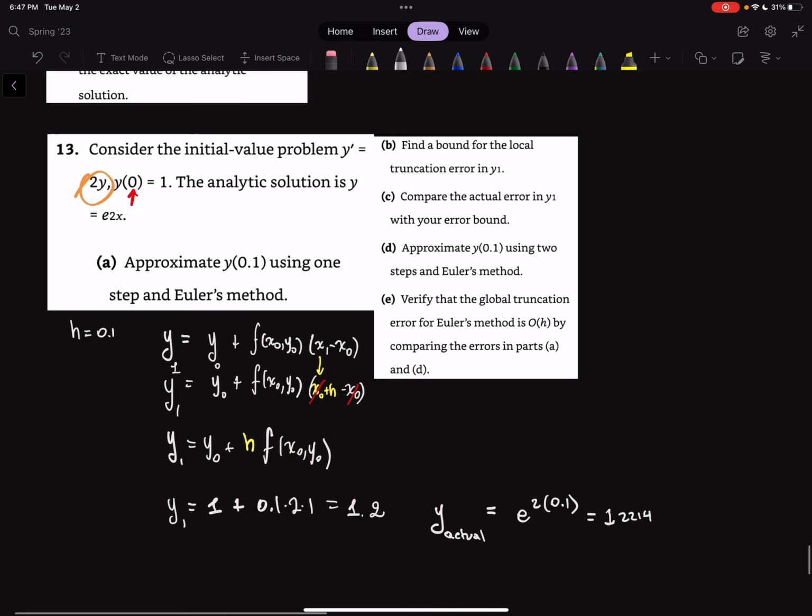Approximate using and find a bound. Compare the actual error of y1 with your error bound.